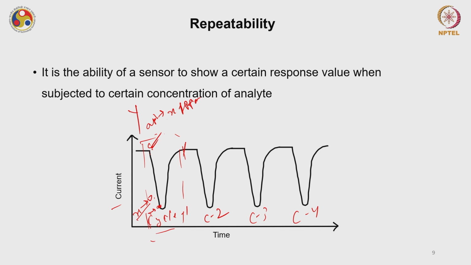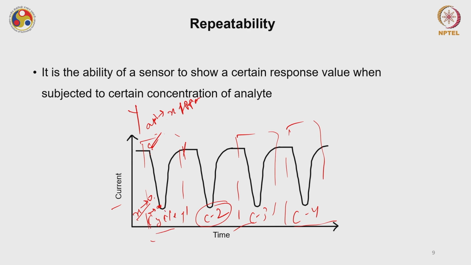So this is cycle 1, cycle 2, cycle 3, cycle 4. Similarly, I can have multiple cycles of introducing the analyte, then making it 0 and allowing the sensor to come back to its original position. I can do this multiple times.